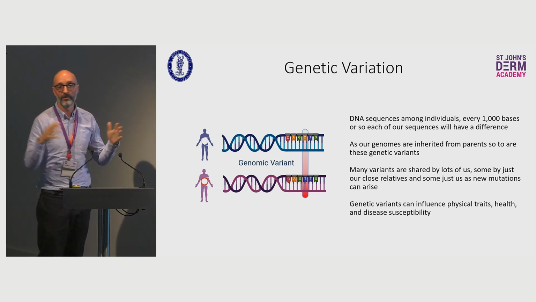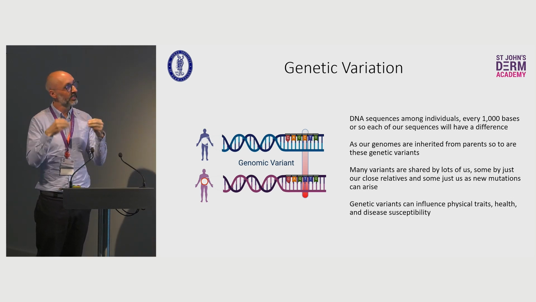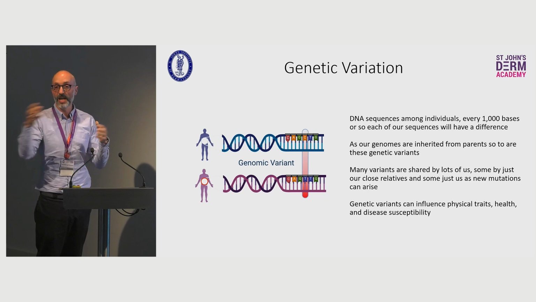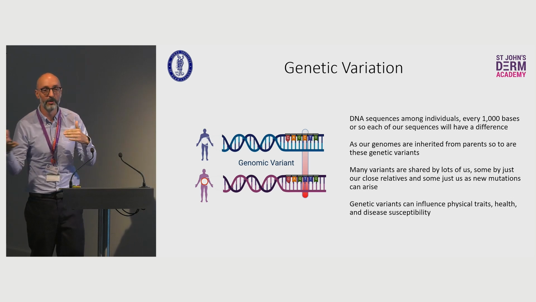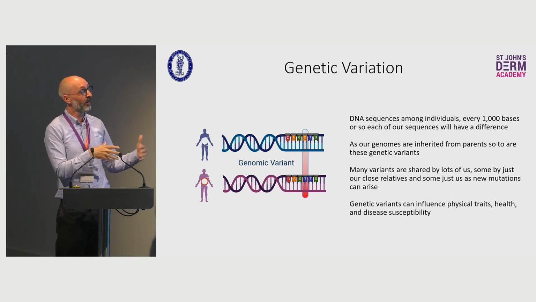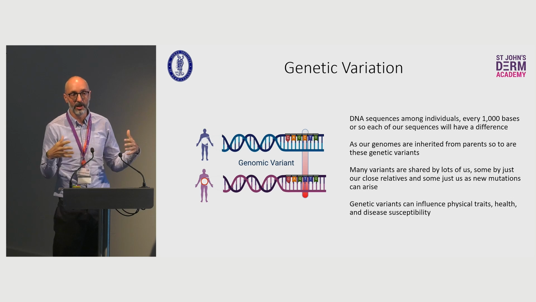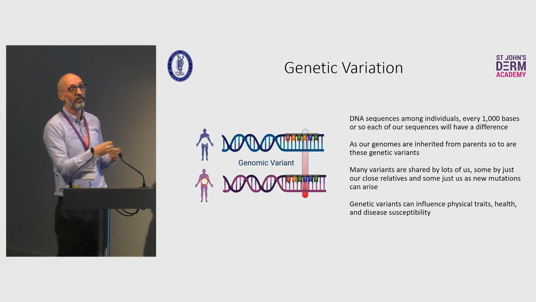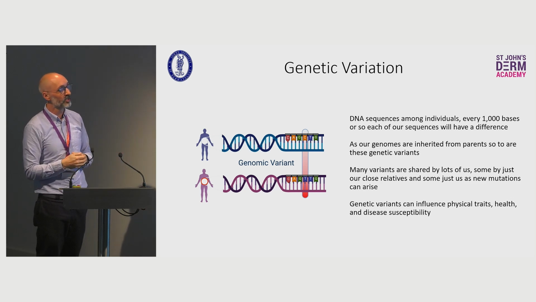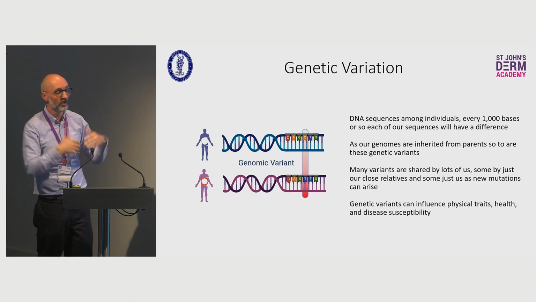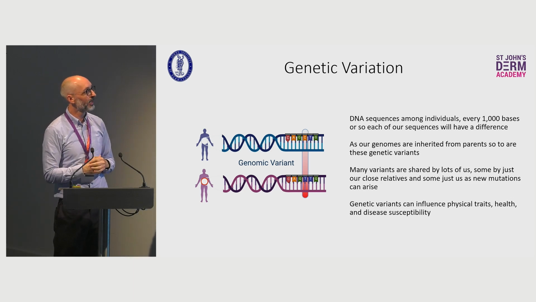Many of those variants are shared by some of us, maybe half of us in the room, but some of them are very rare, and they're only shared by us and our close relatives, and some can be completely unique, just shared by us as an individual, that our parents don't have, so a new one rarely can arise.